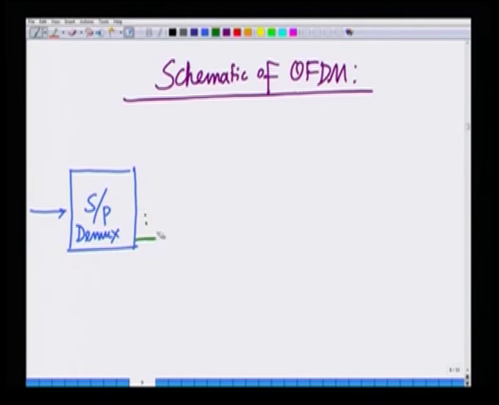Instead, I am simply going to use an IFFT of size n, where n equals the number of subcarriers.